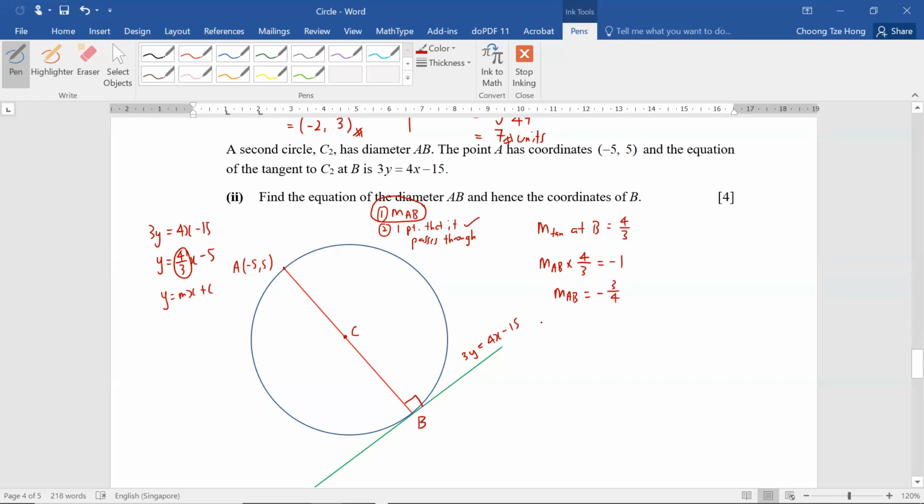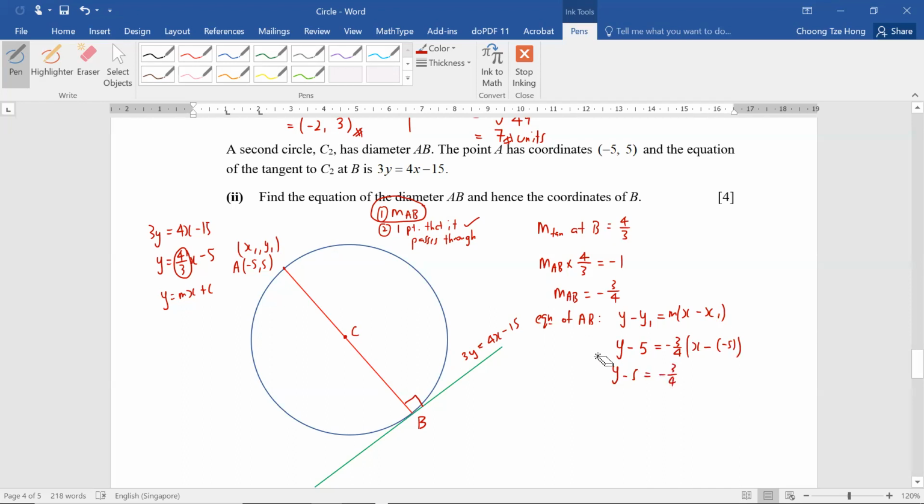This will allow us to find the equation of AB. We are going to use y minus y1 equals m(x minus x1). Remember it must be a point that lies on the line AB, so (x1, y1) is now the coordinates of A. Let's expand out first.